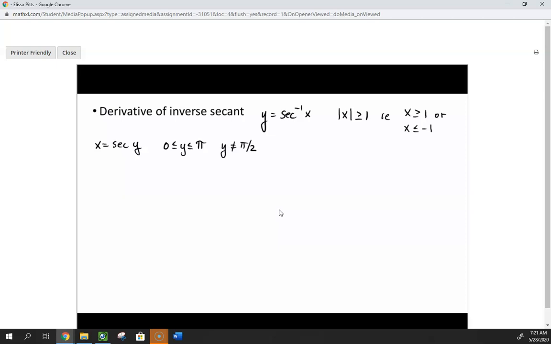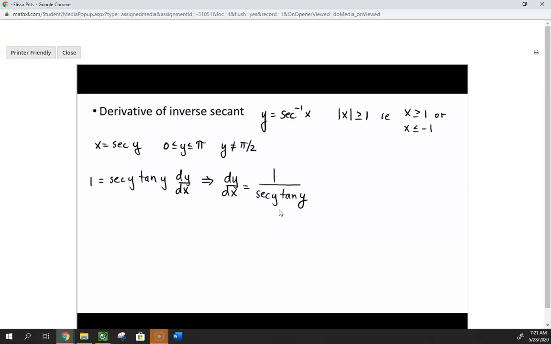Using implicit differentiation, the derivative of x with respect to x is 1, and that's going to be equal to the derivative of secant y with respect to x, which is secant y times tangent y times dy/dx. So dy/dx is going to be equal to 1 over secant y times tangent y.